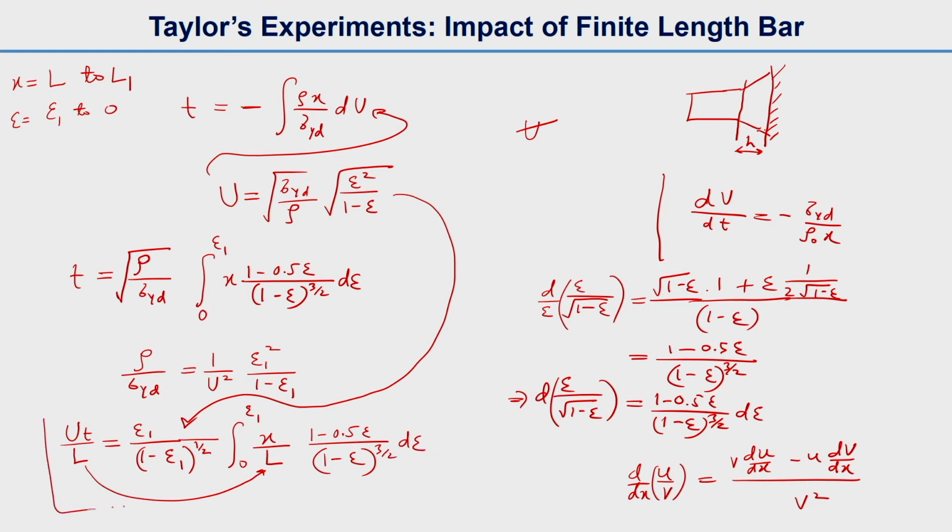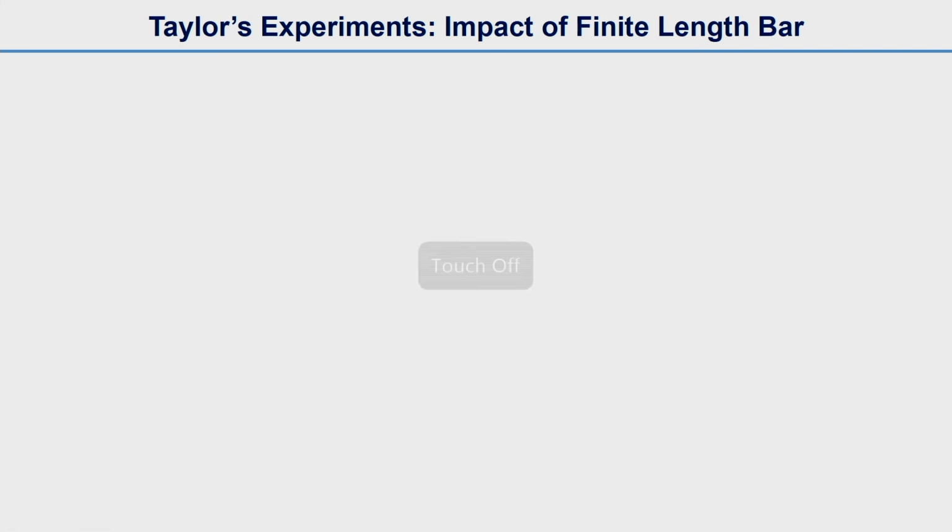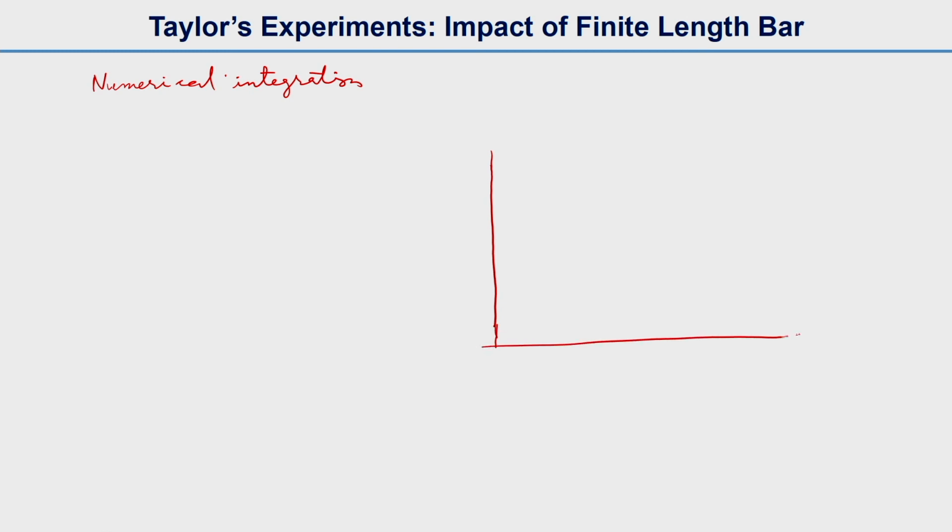So if we want to do numerical integration of the earlier expression, it will give me some curve in terms of ut by L, and this way you can have h by L. h is the thickness of the plastically deformed region.